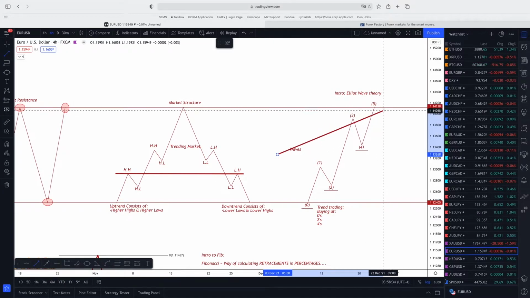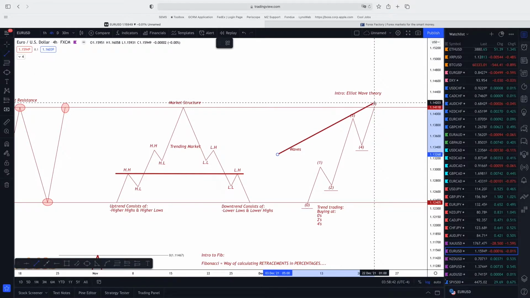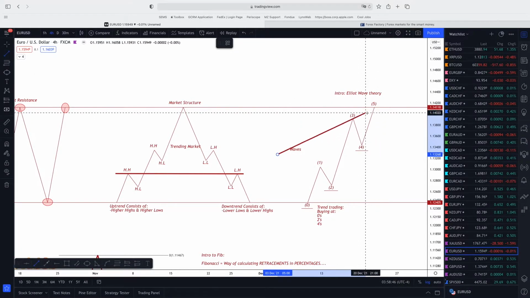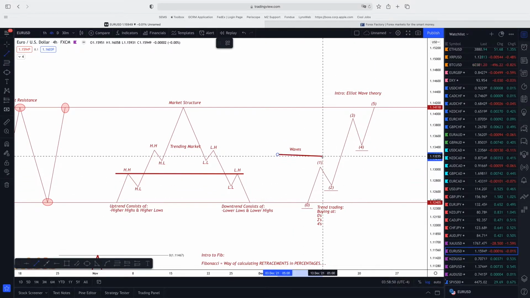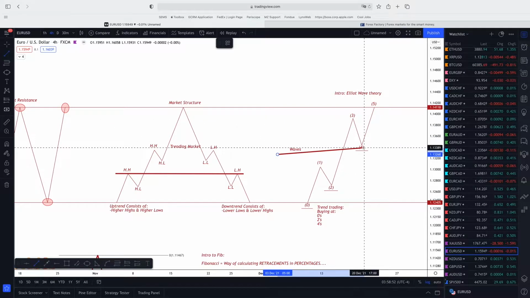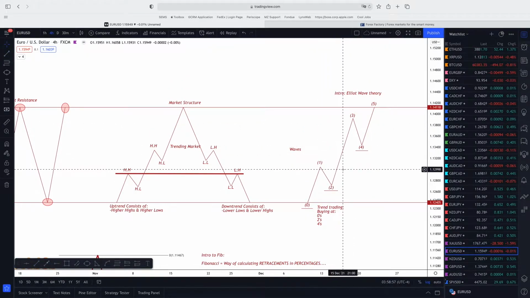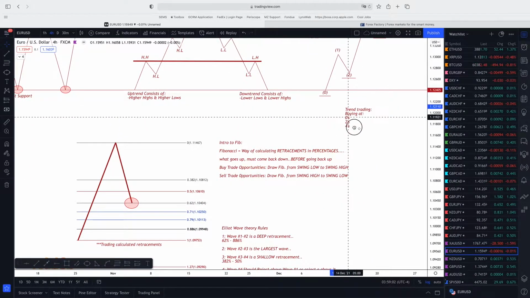Now, it is possible for the market to go on a 7 count wave or on a 9 count wave, depending on the strength of the trend. But what's really typical? A 5 wave count. 0 to 1, 1 to 2, 2 to 3, 3 to 4, and 4 to 5. So that's really important to go ahead and understand.